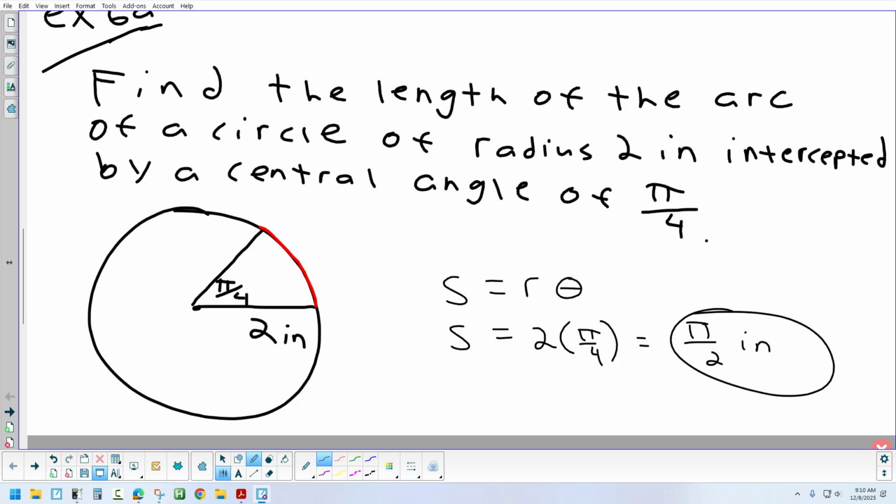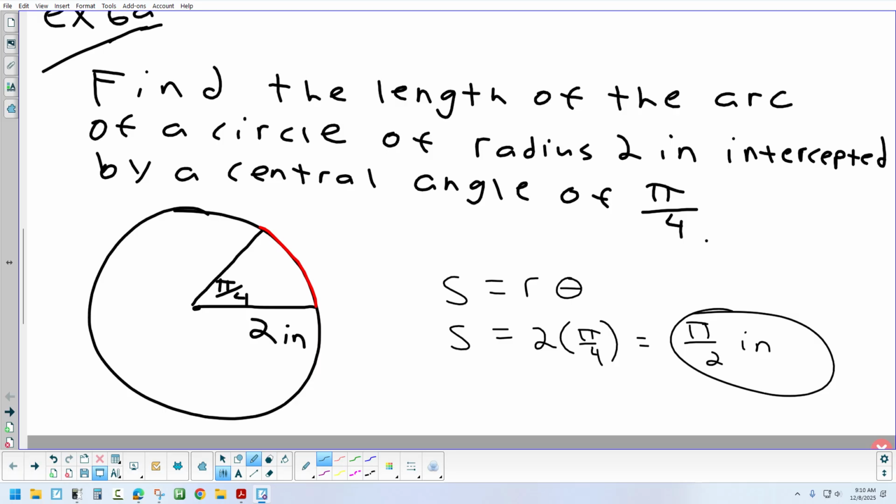Okay. So any questions on finding the length of the arc using that formula? Now, if you forgot the formula, another way you could do it is to figure out the circumference of the circle and then figure out what percentage of the circumference the arc is taking up. That's a 45-degree angle.